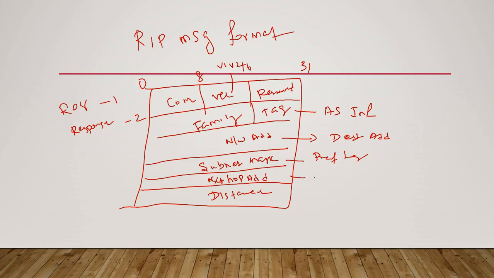Then the next hop address is mentioned, and then distance, which, as we know, is the number of hop counts. So these are the information specified. This is the general message format of our RIP protocol.